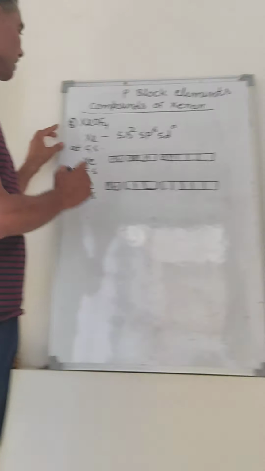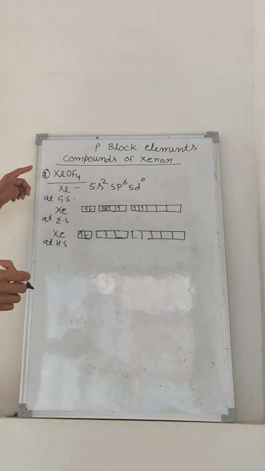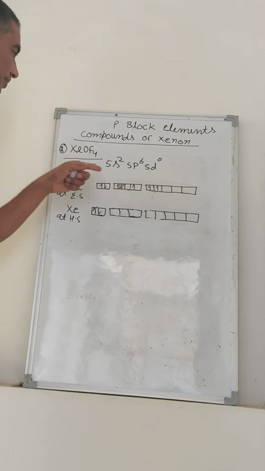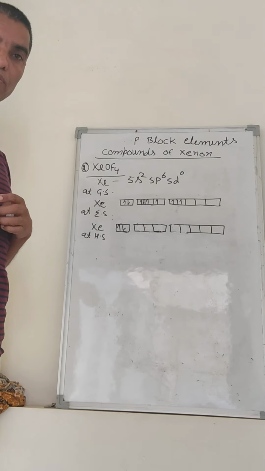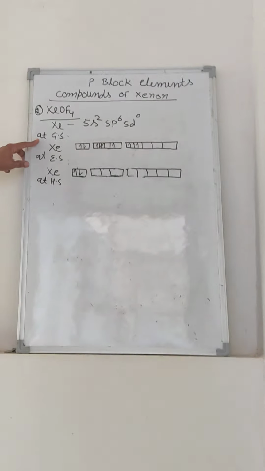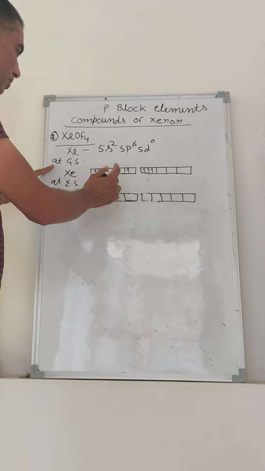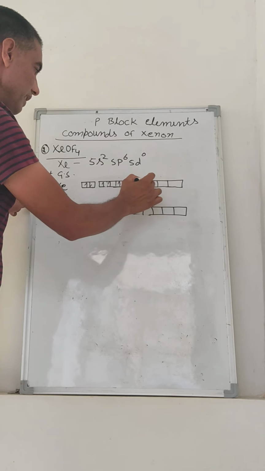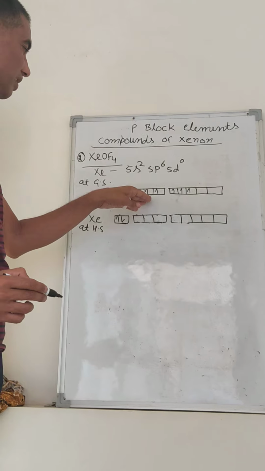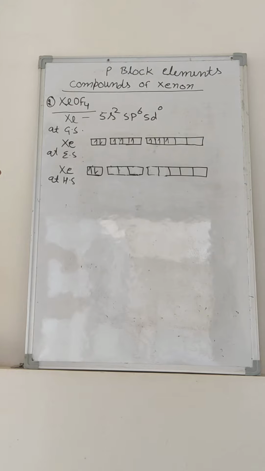Okay, the next compound is xenon oxotetrafluoride. Xenon oxotetrafluoride: the central atom xenon has valence shell electron configuration 5s2, 5p6, 5d0. Then the excited state electron configuration is 5s2, 5p3 and 5d3. 3 electrons of the p atomic orbital are excited and shifted to d atomic orbitals.